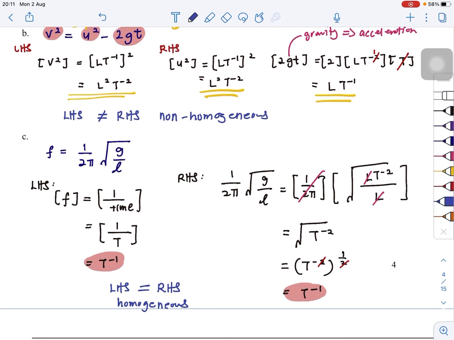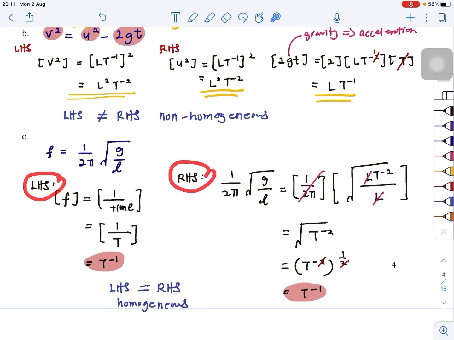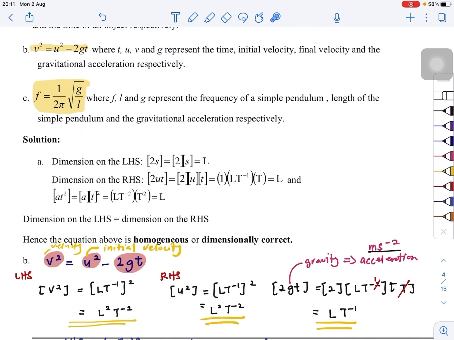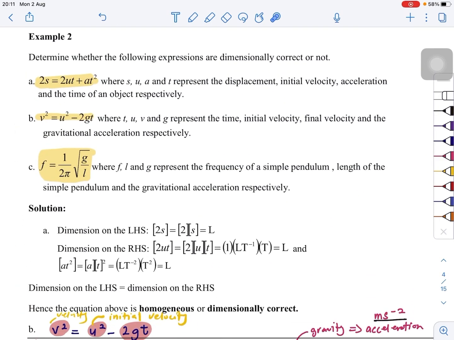Okay, so basically you just need to confirm the dimension for left hand side and right hand side. So kalau sama macam ni, dia adalah homogeneous. Kalau tidak sama, salah satu ni tidak sama, dan dia adalah non-homogeneous. Okay, that's all for example 2. Thank you.